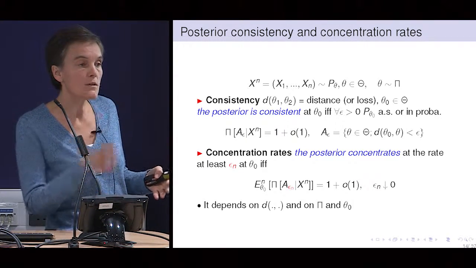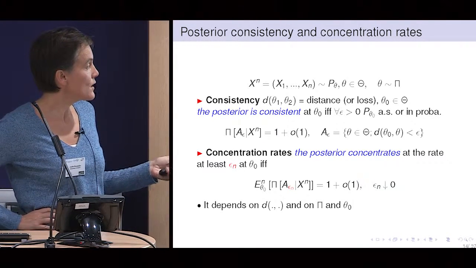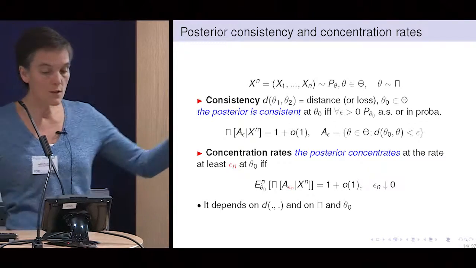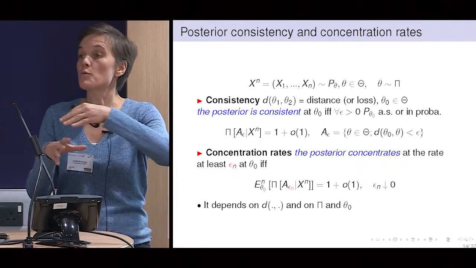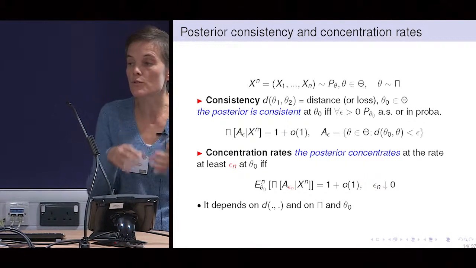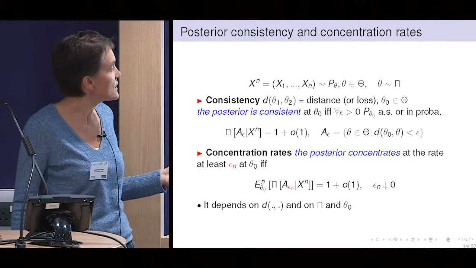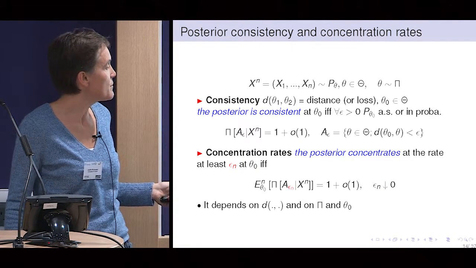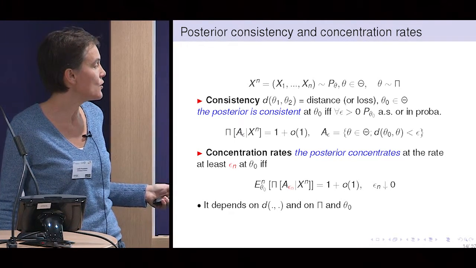You want to find the epsilon n that goes to 0 as fast as possible such that you have this. So this is looking at posterior concentration rates. Really, you can look at them as level sets of the posterior distribution, trying to understand how fast they shrink towards the truth. And this depends on the distance d that you're considering for the balls, but also typically on smoothness conditions or features of theta naught and on your prior.